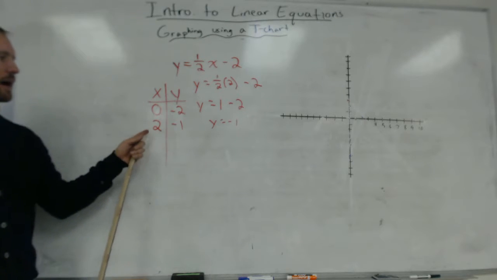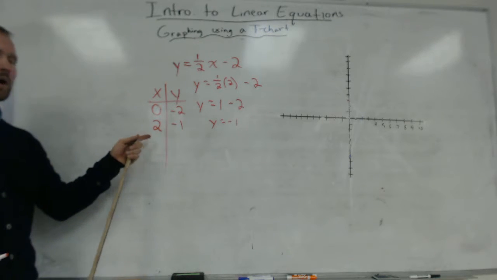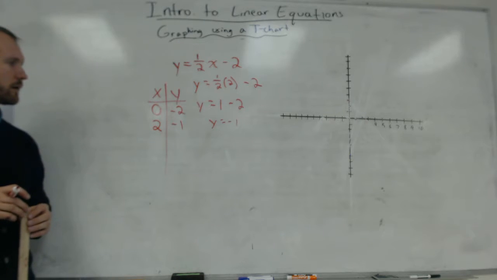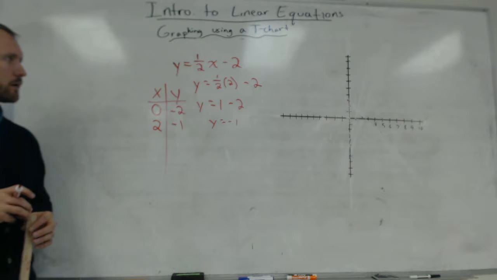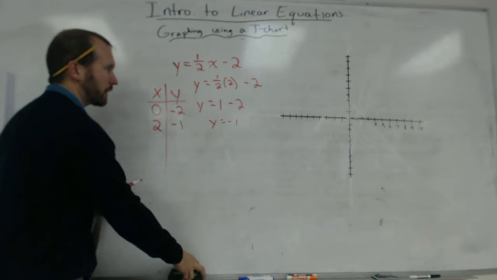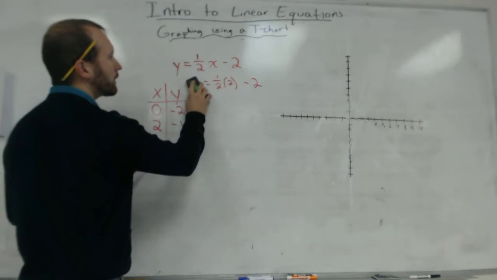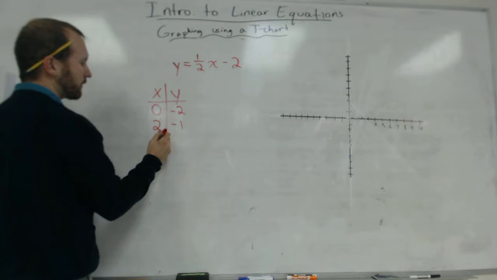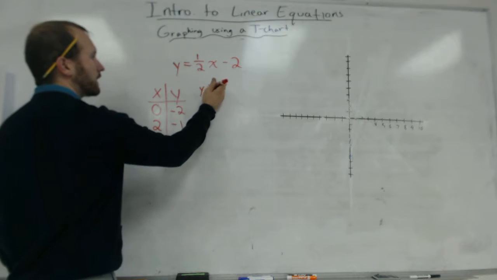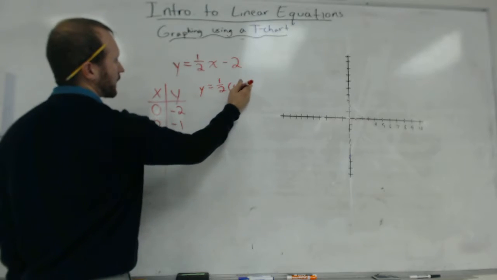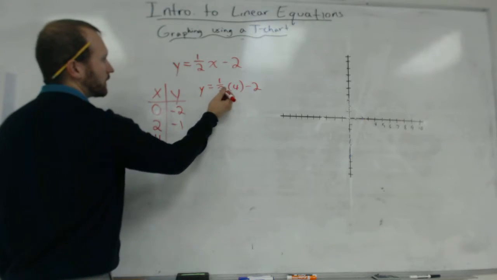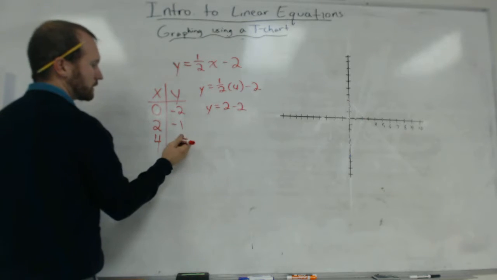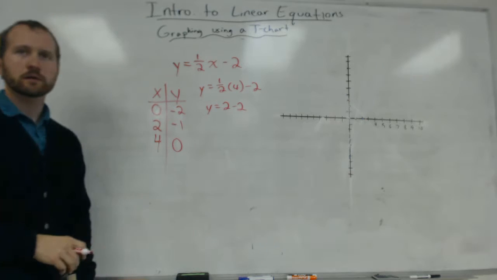That's going to be easier to graph than if I had done 1 and -1.5. What's a third number that I might plug in? 4. Remember, I'm looking for multiples of this denominator. So let's plug in 4. We'd have y equals 1/2 times 4 minus 2. What is 1/2 of 4? 2 minus 2. So y would be 0.